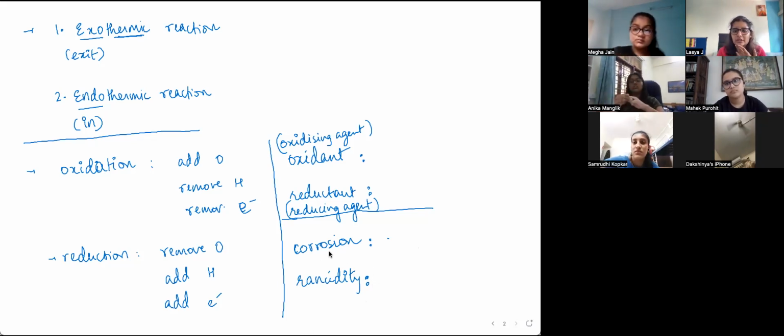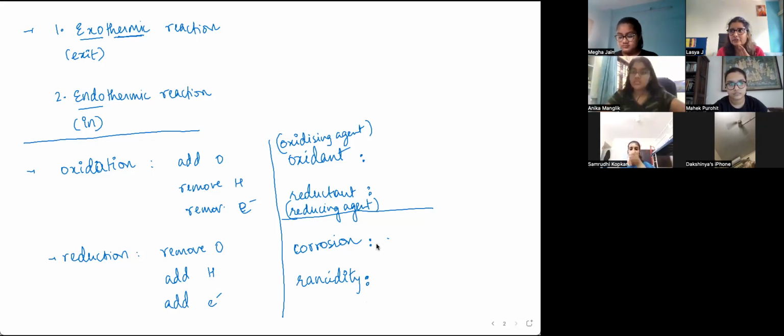Okay, so corrosion is oxidation of metals. When iron is corroded, what is that process called? Tia? Rusting. Ashka has answered yes. And corrosion of silver is called tarnishing. What is the chemical process that is taking place when silver is being tarnished?